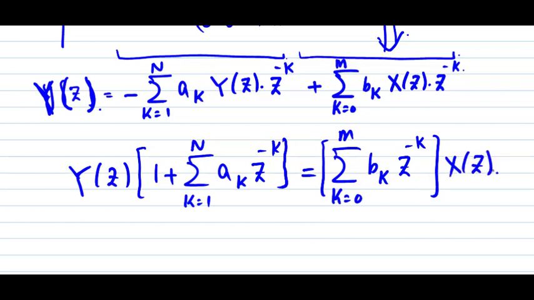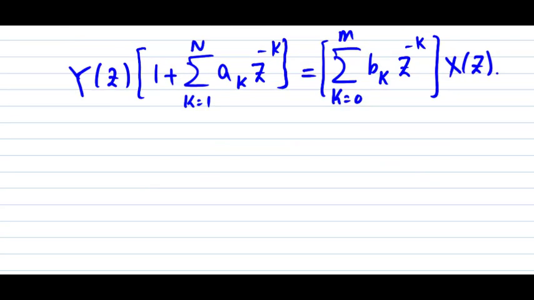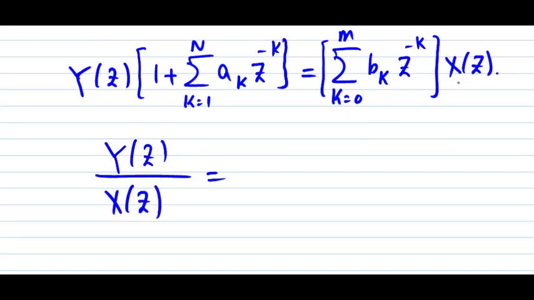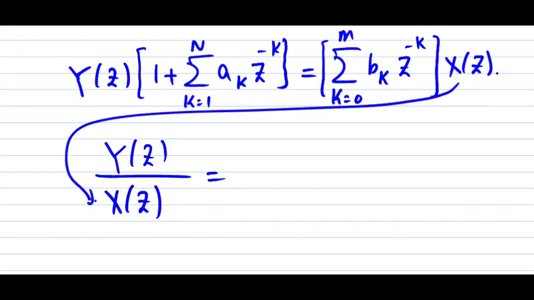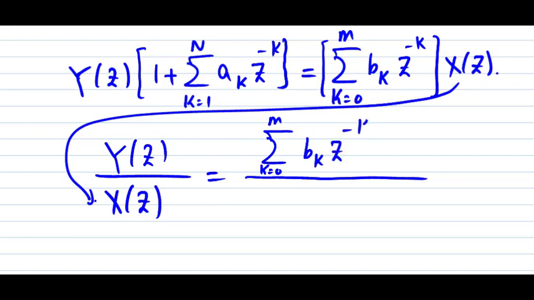We are just rearranging this equation. If we divide Y of z by X of z, what we get is summation k equals 0 to M b k z raised to the power minus k, divided by 1 plus summation k equals 1 to N a k z raised to the power minus k.